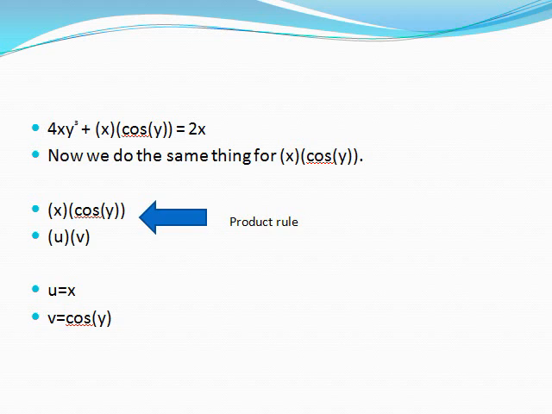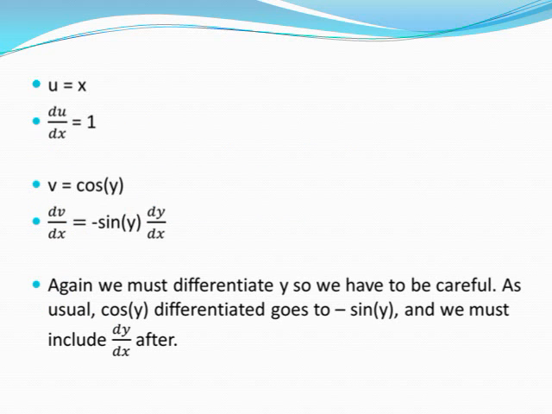Again, we use the product rule. x is substituted in for u and cos of y is v. If we differentiate u, we get du/dx, and when we differentiate x, which is x to the power of 1, the 1 will come down, and the power reduces to x to the power of 0, which is 1.